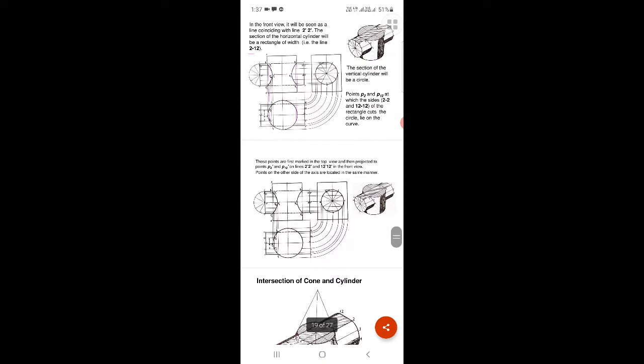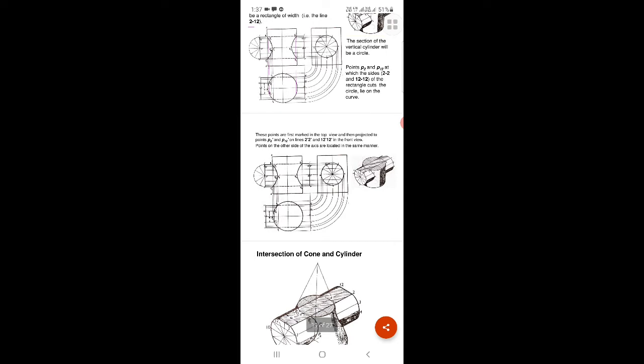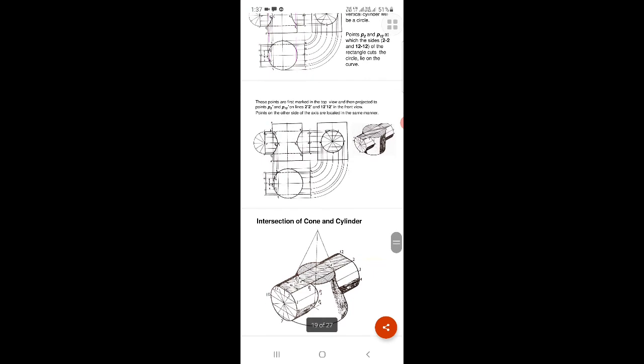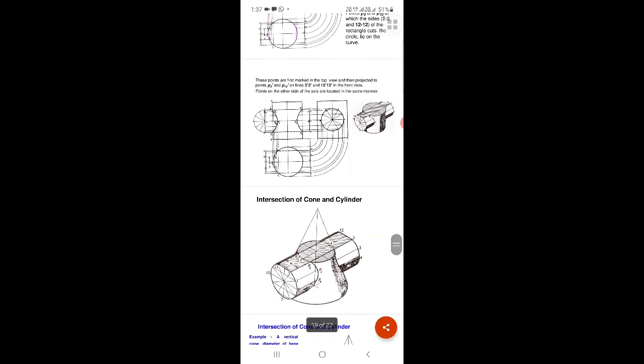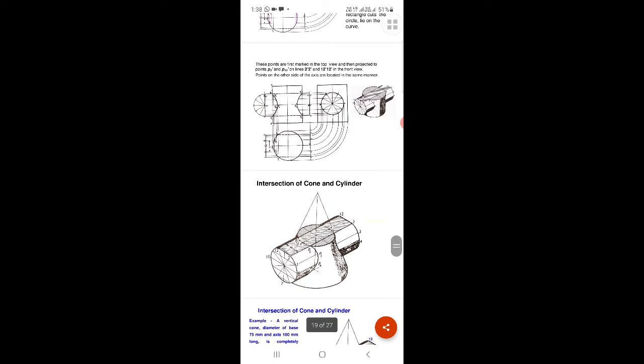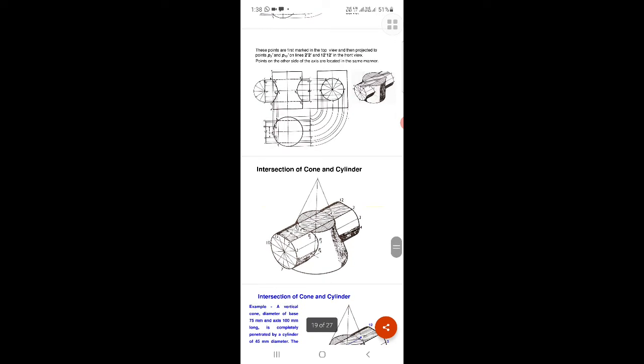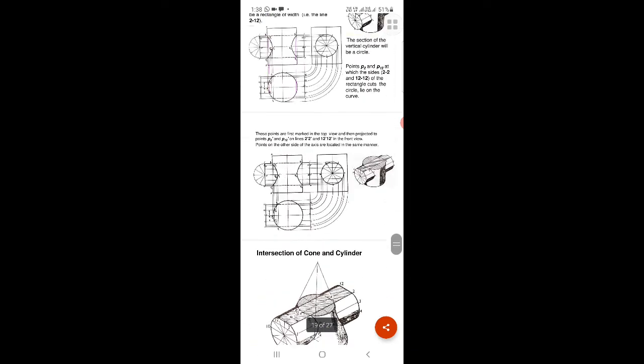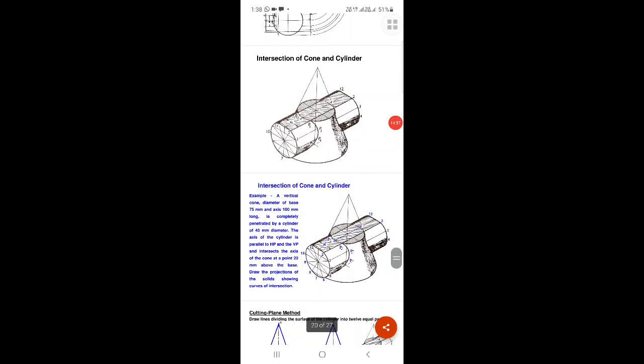Next, this is the intersection of cone and cylinder.